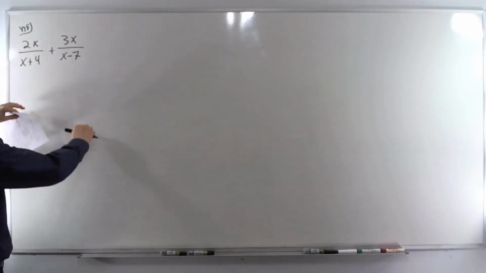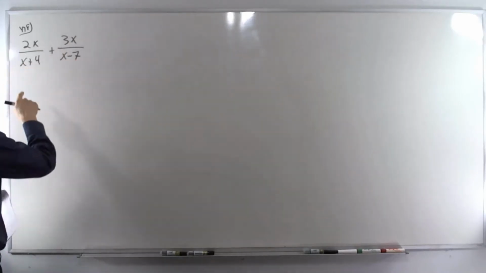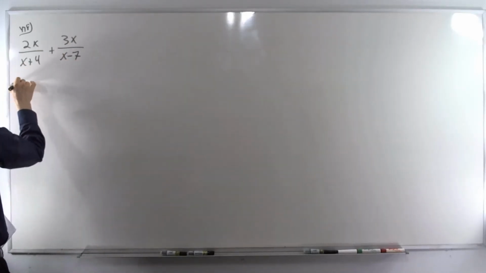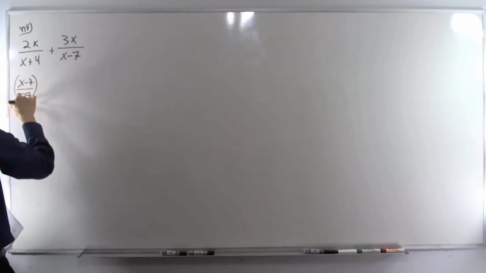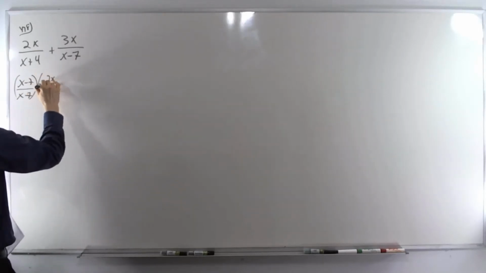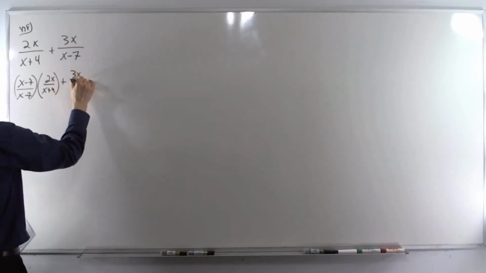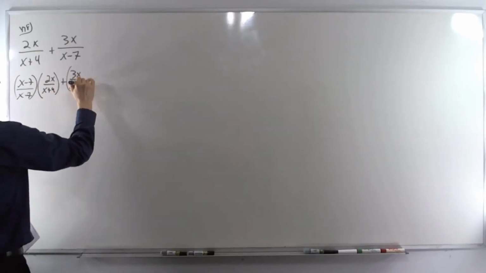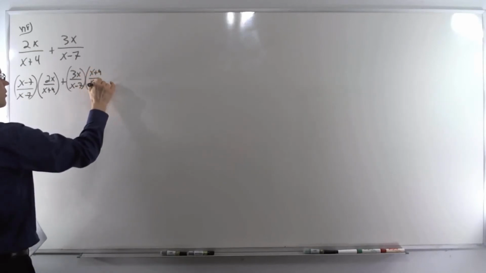So our least common multiple will be x plus 4 times x minus 7. So that means we need to multiply this one by x minus 7 over x minus 7. Oops. And we'll multiply this fraction by x plus 4 over x plus 4.